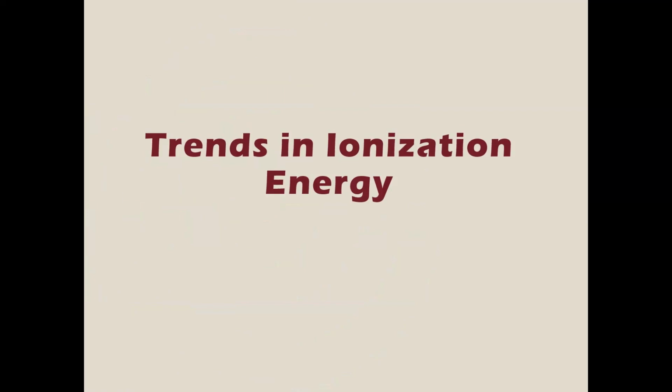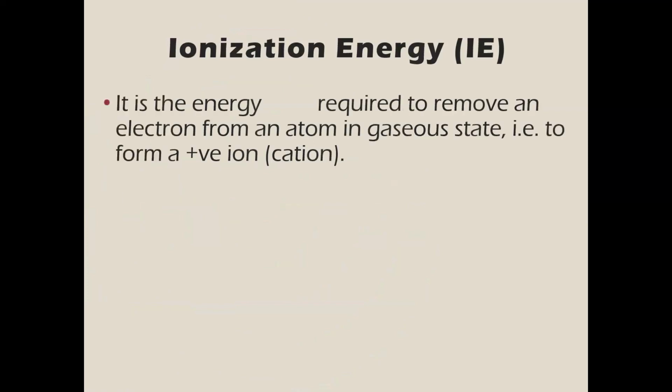Ionization energy. Trends in ionization energy. So what is ionization energy? Ionization comes from ion. It is the energy required to convert an atom into an ion, which is the energy required to remove an electron from an atom in the gaseous state.